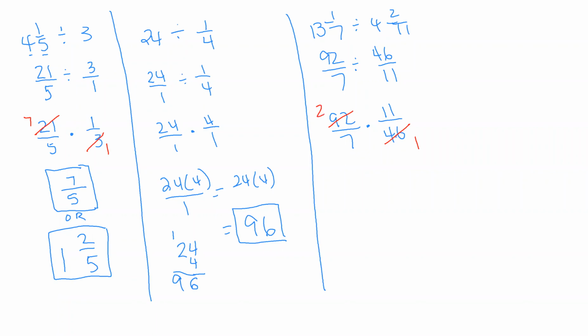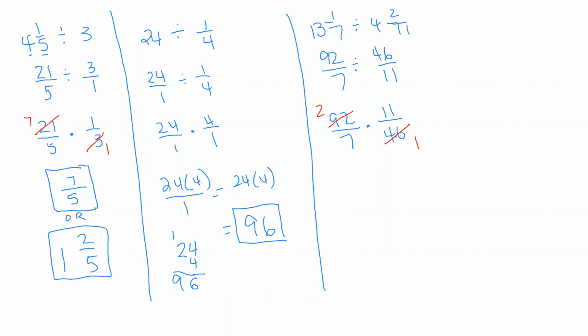Now, in the event that 46 didn't go into 92, you'd want to find the next biggest factor of 46, which would be 23, and then you try a 2. Okay, so you can always go through the smaller number factor by factor and see which of those numbers will go into the bigger number as well. Now, 7 and 11 have no common factors. 2 and 7 have no common factors.